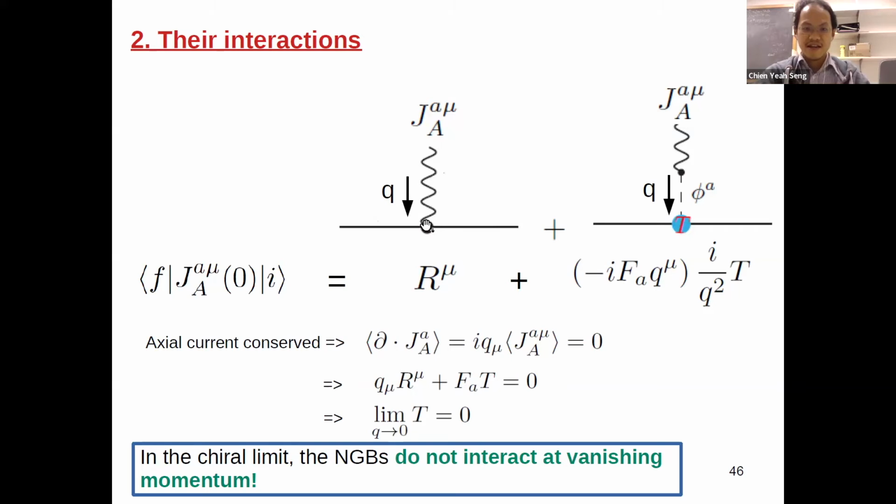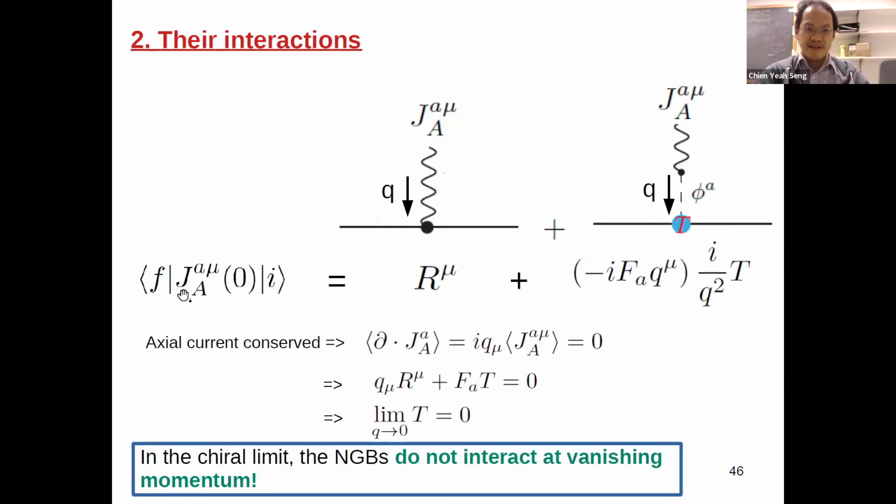Either it interacts directly with the rest of the hadron system, or the axial current first fluctuates to a Nambu-Goldstone boson, and the Nambu-Goldstone boson interacts with the remaining hadron system. Now in the chiral limit, the Nambu-Goldstone boson is massless. So this line gives you a massless propagator, i over q squared.